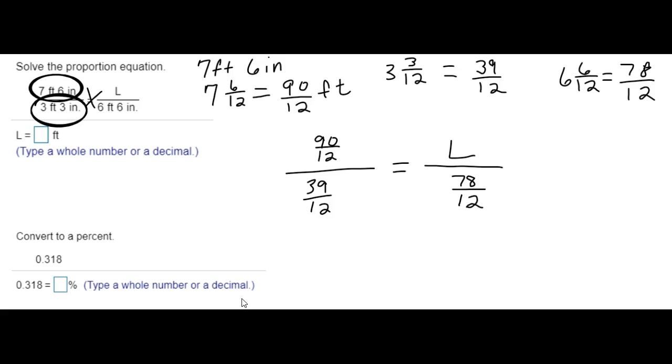And I am just now realizing how this was not the easiest route to take, but I'm going to go ahead and follow through with it. I'm going to cross multiply: 90 divided by 12 times 78 divided by 12 is equal to 39 divided by 12 times L.